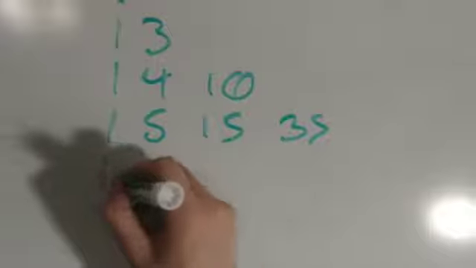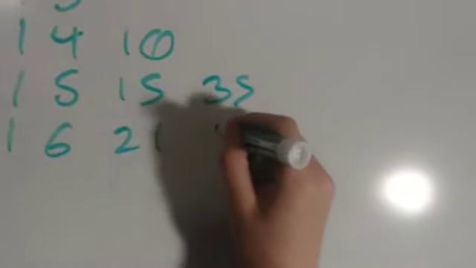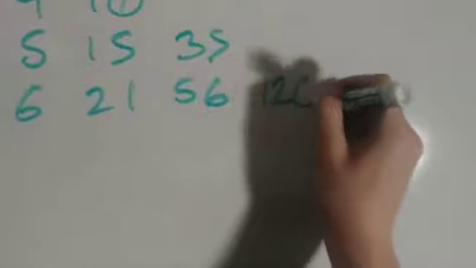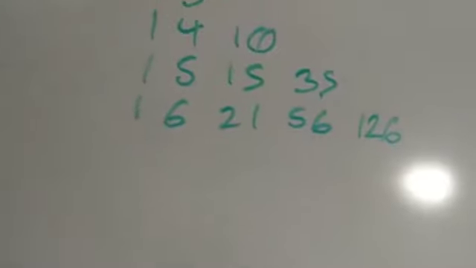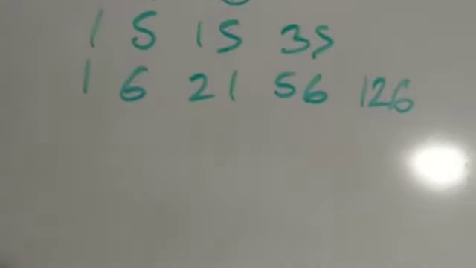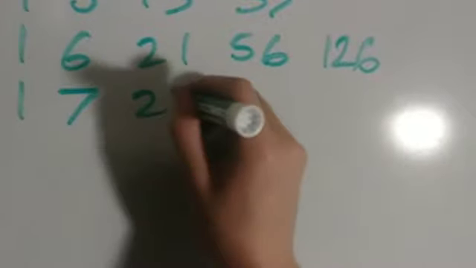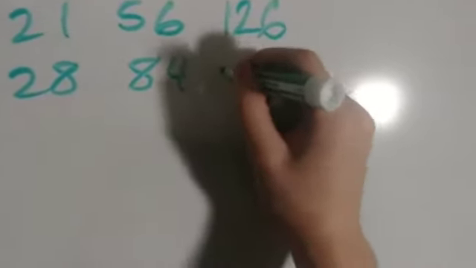You've got 1, and then 1, 3, and then 1, 4, 10, and then 1, 5, 15, 35, and then 1, 6, 21, 56, 126, and then 1, 7, 28, 84, 210, and 462.